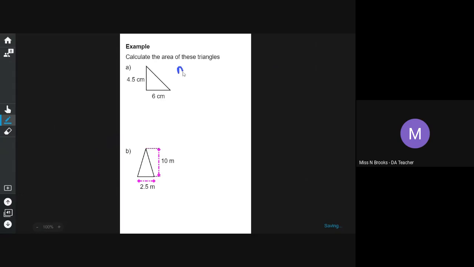So our area equals 6 times 4.5, and then we're going to divide by 2. Now, we know that 6 times 4 is 24, and 6 times a half is 3. So if we add them together, that gives us 27 divided by 2.